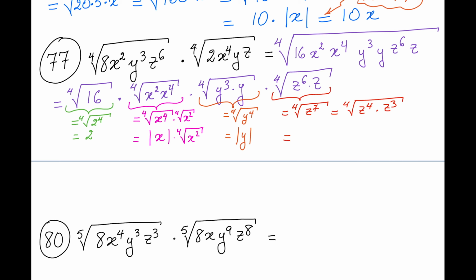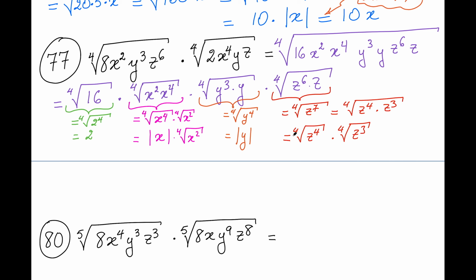So that's going to be the fourth root of z to the power 4 times the fourth root of z cubed. Certainly this is simplified because there's no divisor of z cubed other than 1 which is a perfect fourth power. In other words, the power here of the base z is smaller than the index, so this is simplified.